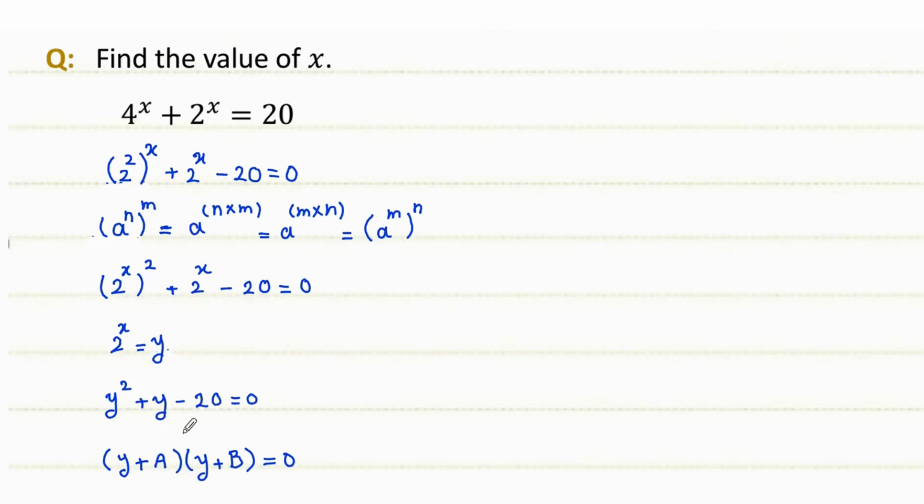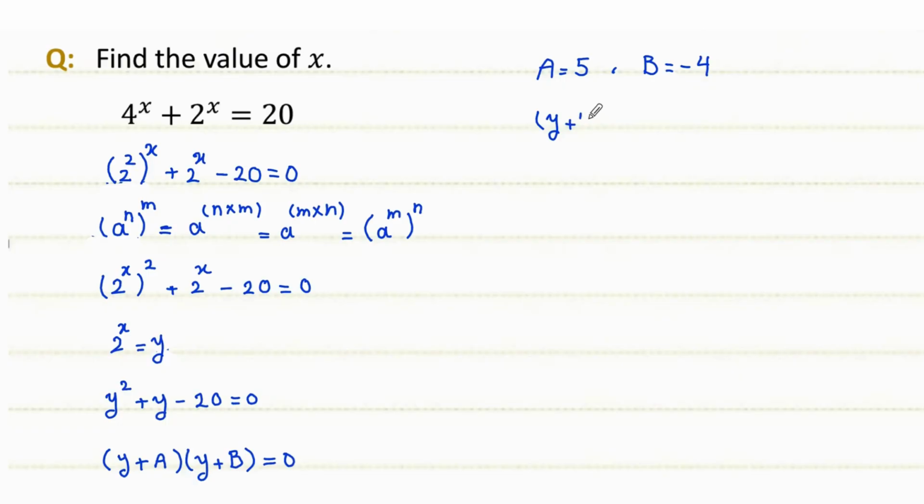And if we add them, we get plus 1, which is the coefficient of y in this equation. So we write a as 5 and b as minus 4.